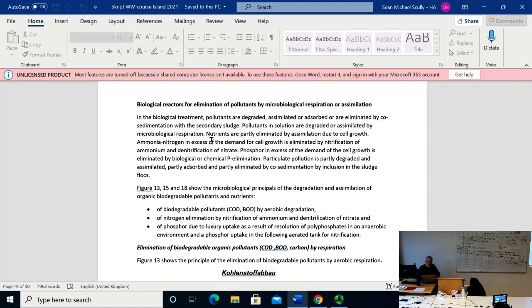If you just give COD, the microorganisms can't grow because they need nitrogen and phosphorus. And in this 44.6 grams cell mass, you will find 0.5 grams of phosphorus.